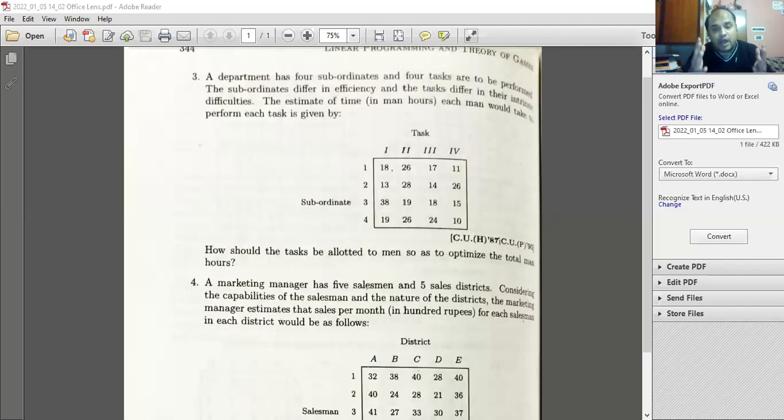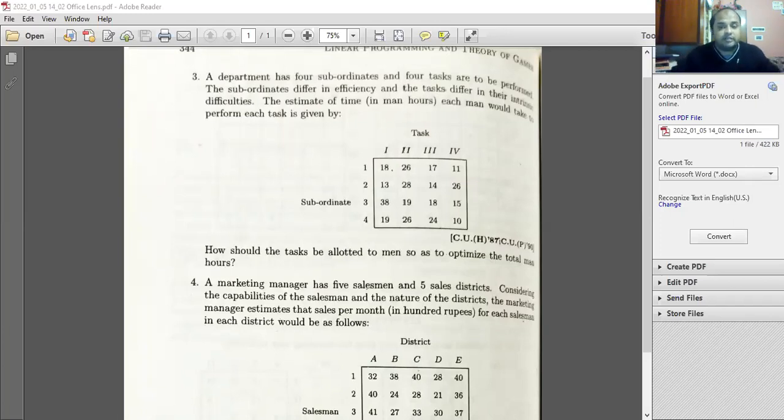N factorial permutations will be there, by which you can assign one subordinate to another task and write your outcome: if I do the assignment in this manner, this is the total time; if I do it in that way, that is the total time. It is very time taking and nobody does that.